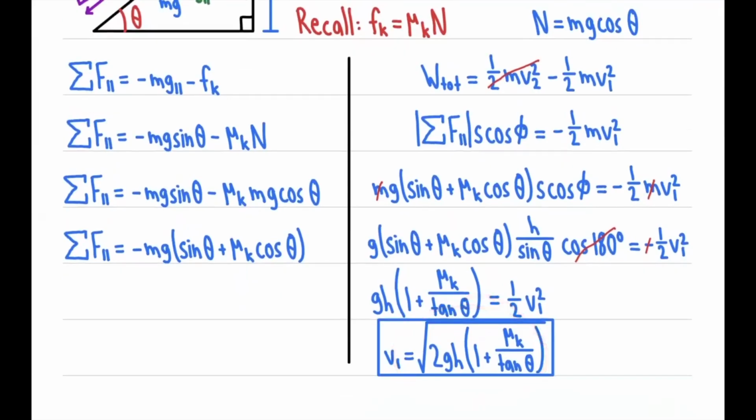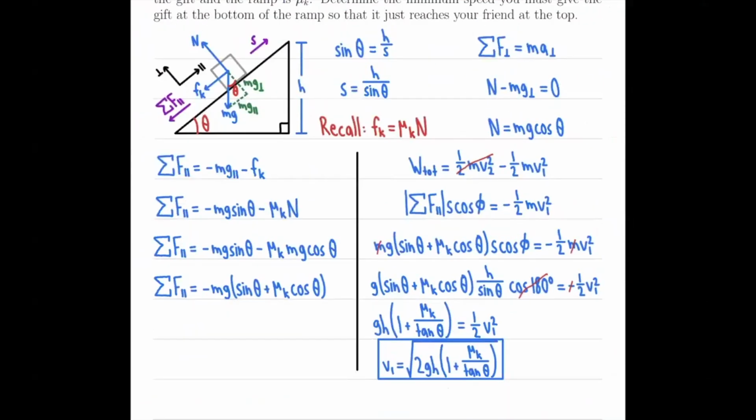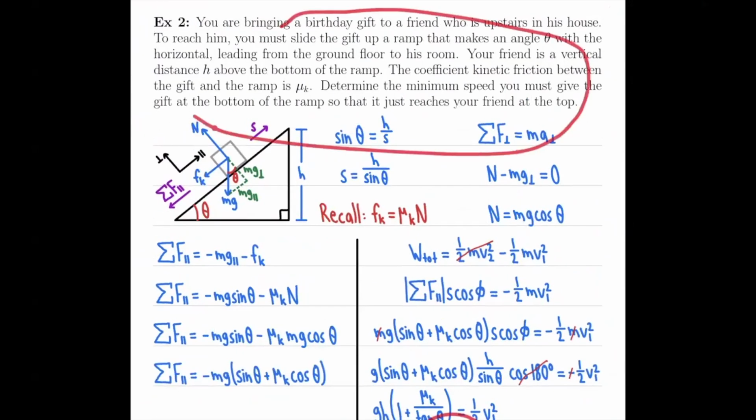You have to use the work energy theorem here. And since we're doing work total, we're using the magnitude of the net force. And we have everything, right? We know g, we know h, we know mu k, we know theta. So everything is in terms of the stuff that was given in the problem. Just remember to keep that in mind.